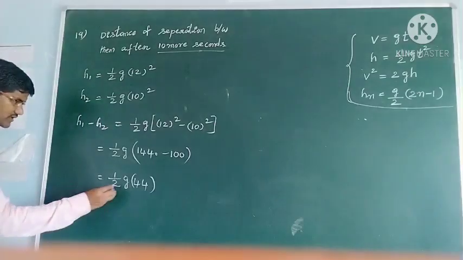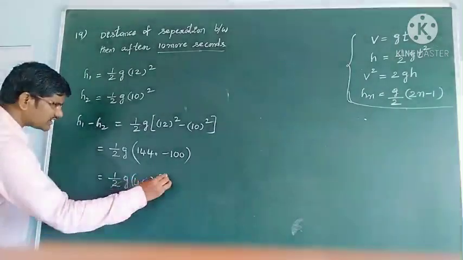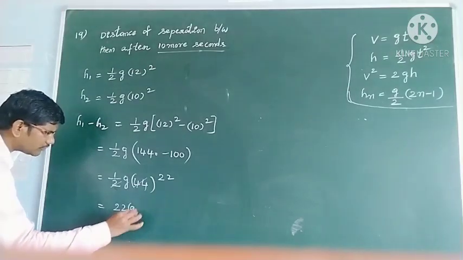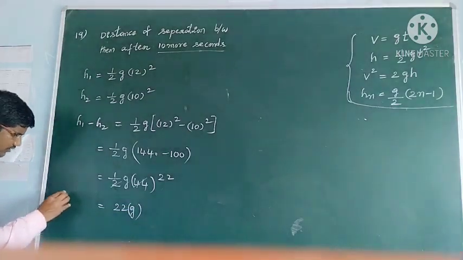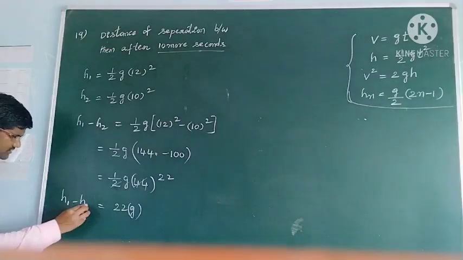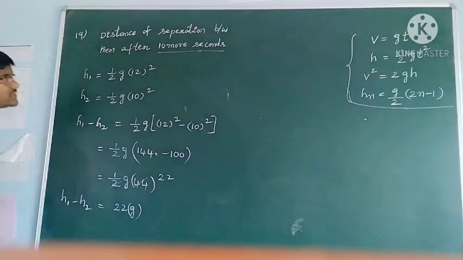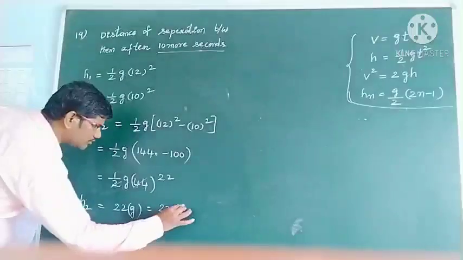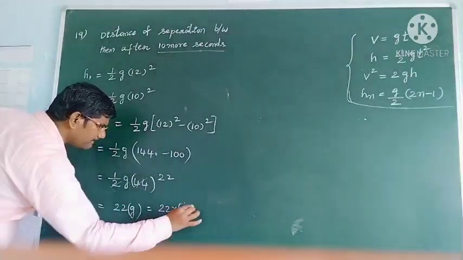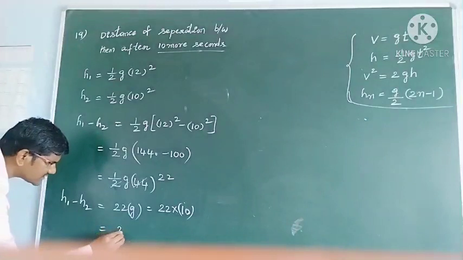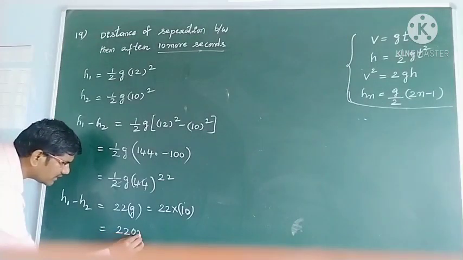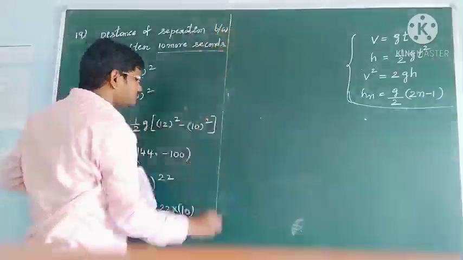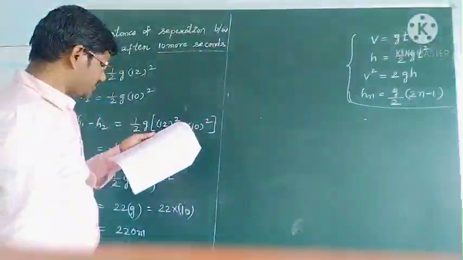With the 2 it gets cancelled. So the separation between them will be 22 into g, that is h1 minus h2. If the g value they have given is 10, then 22 into 10, we will get the answer 220 meters. Now next problem, students.